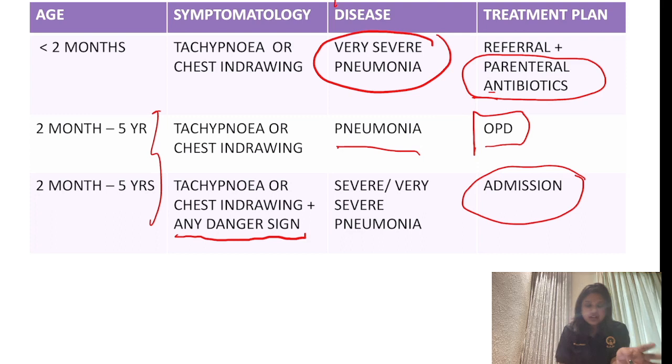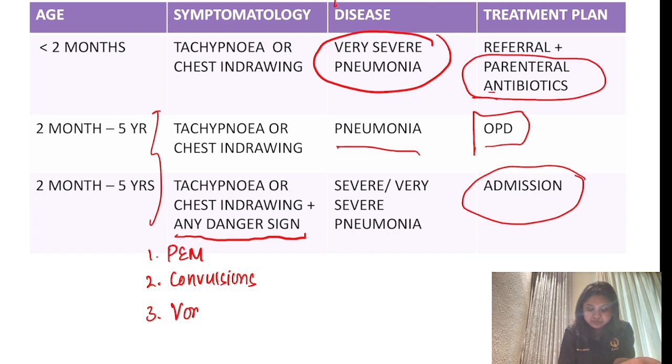We need to remember. Number 1 is protein energy malnutrition. Number 2, convulsions. Number 3, vomiting more than 3 per hour. Number 4, lethargic child, that is inability to feed or drink.